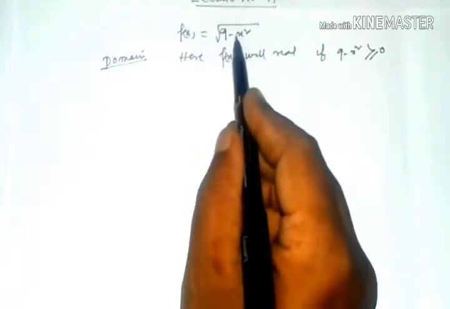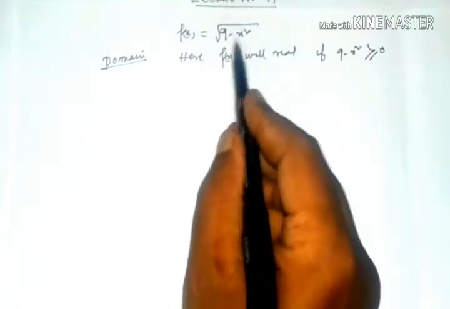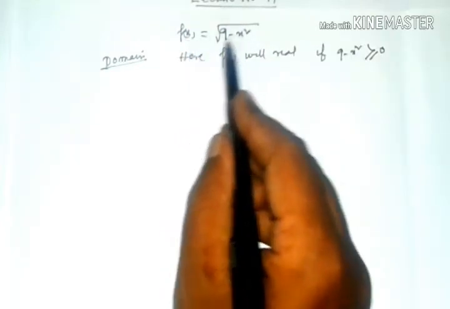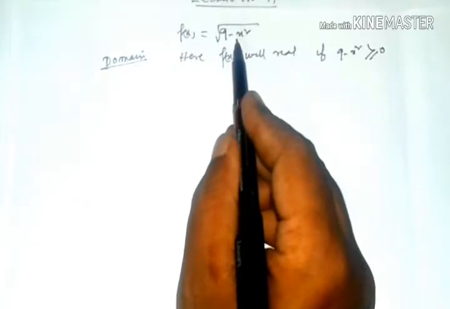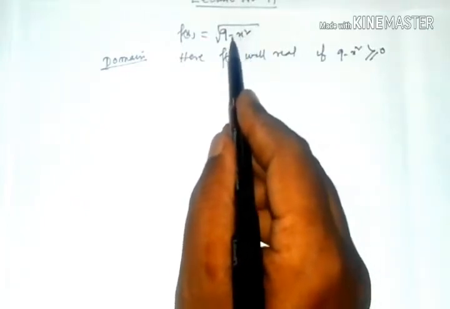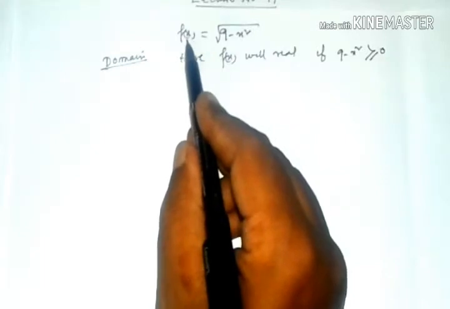If it is negative, then we cannot get a real value; it will be an imaginary value. So 9 minus x square must be greater than or equal to 0 if we have to find a real value of x.